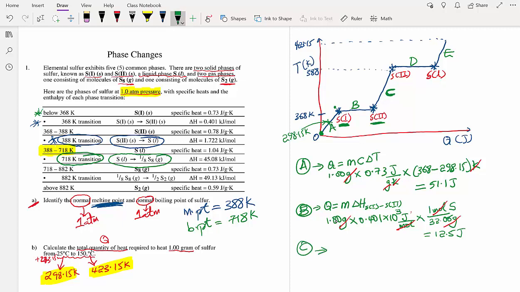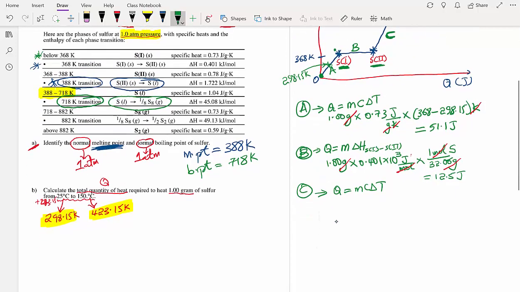Let us now move on to stage C. In stage C, the temperature of the S2 form of sulfur is increasing from 368 Kelvin to 388 Kelvin, which means Q equals mc delta T. If we plug in the values, the mass is 1.00 gram.